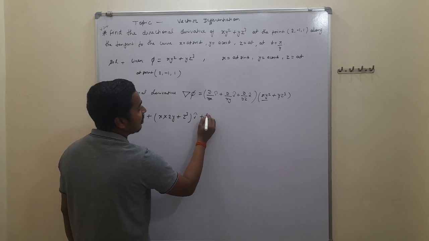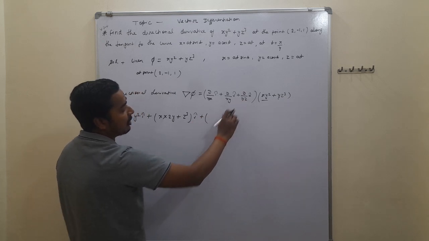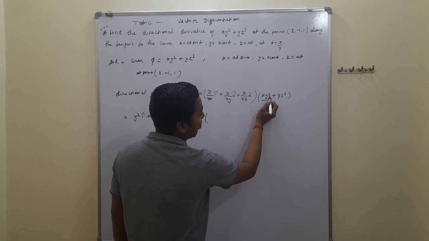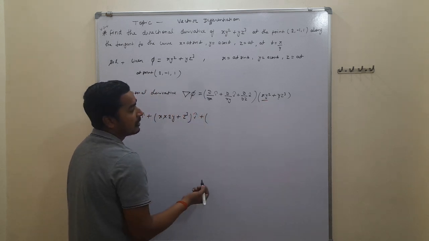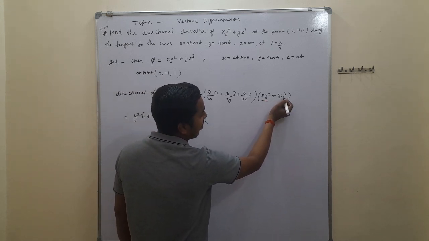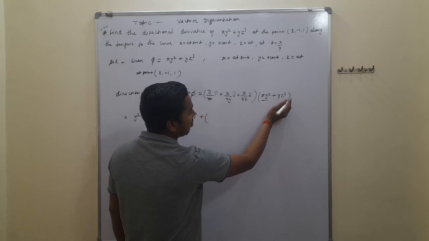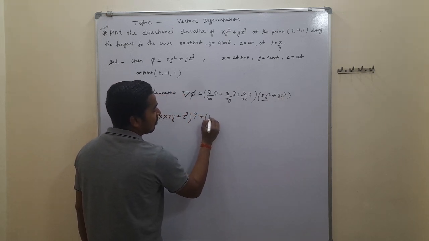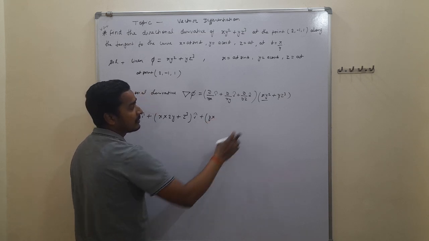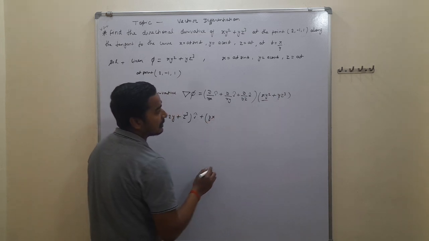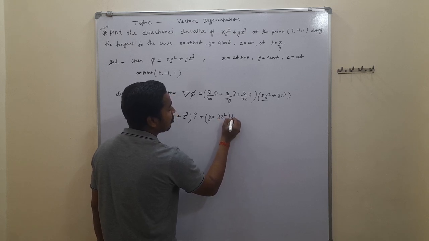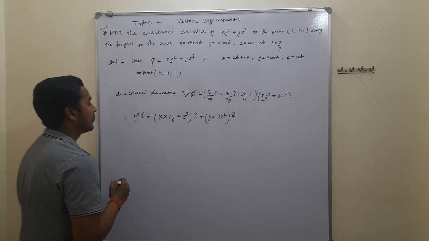Further for k cap, ∂/∂z: in xy² there is no z so it is 0, and in yz³, taking y as constant, z³ differentiated gives 3z², so 3yz² k cap.